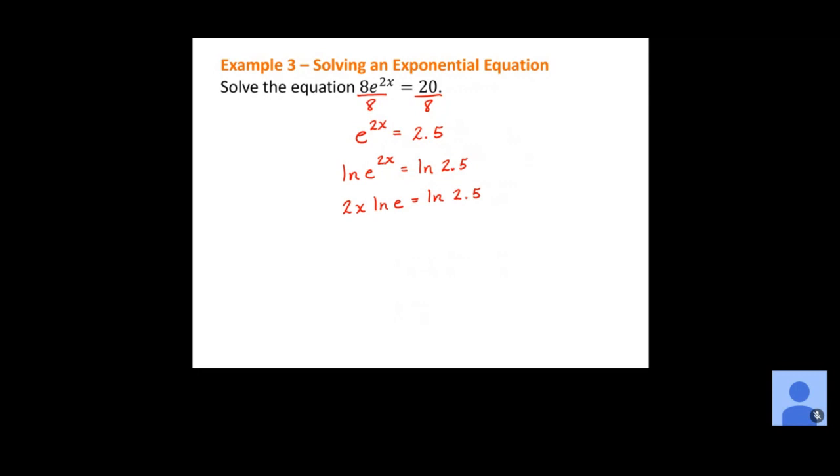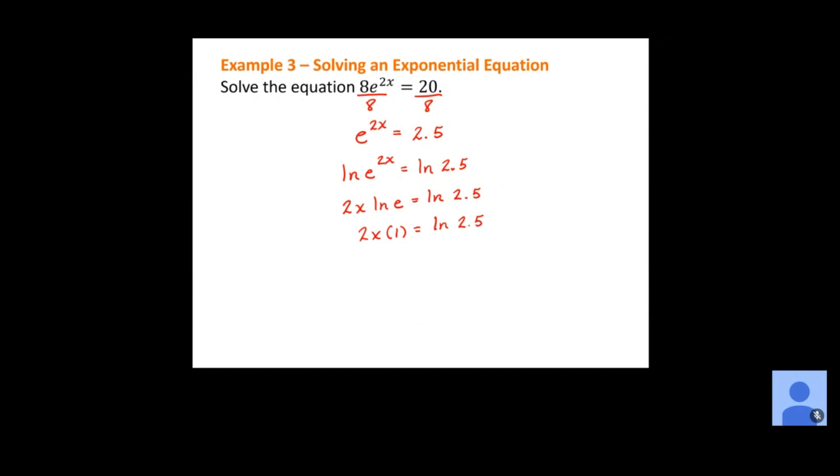Yeah, right. You could think of it as they cancel out, right? We have a property that says that the natural log of e, since the base is e and we're taking the natural log of e, we're going to end up with 1, right? So this thing right here, the natural log of e, just becomes a 1.